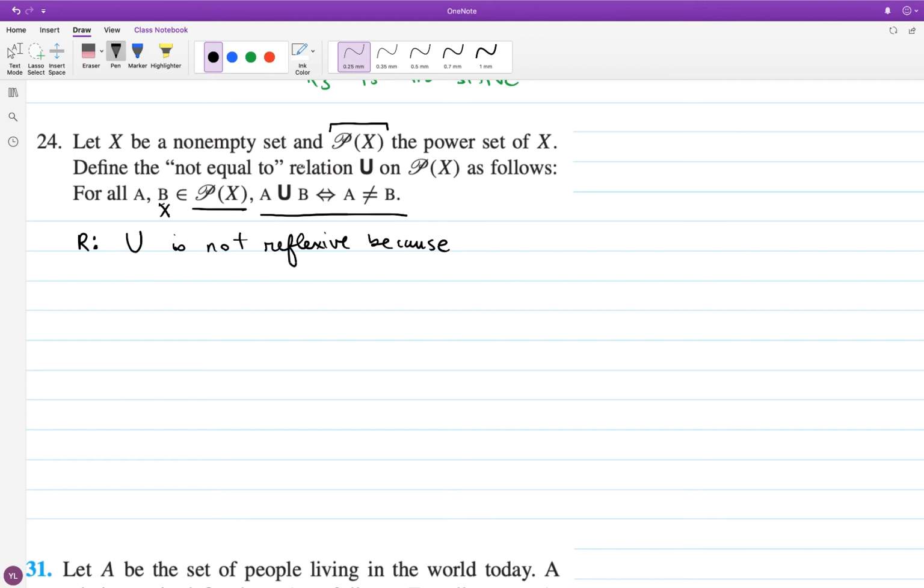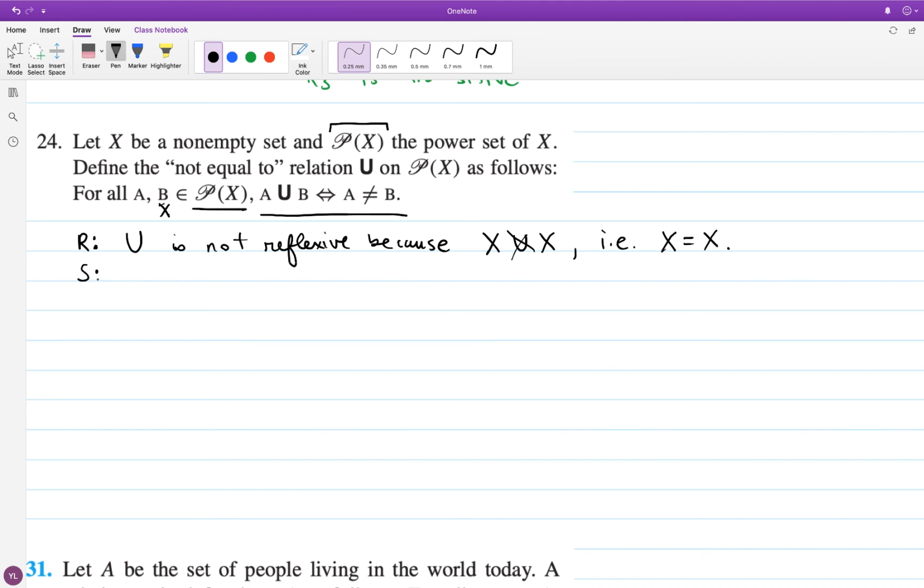Yeah, the empty set's also an element of the power set. So here's the thing. X is definitely not related to itself via this relation because X is not unequal to itself. X is equal to itself, which is the opposite of being not equal to itself. So U is not reflexive.